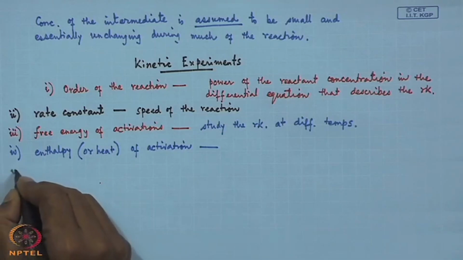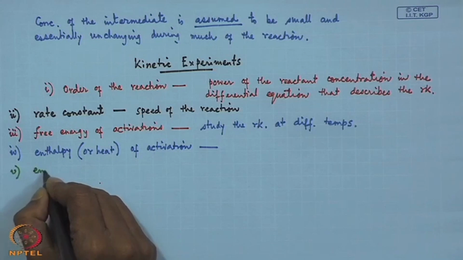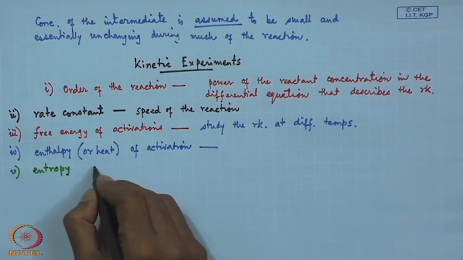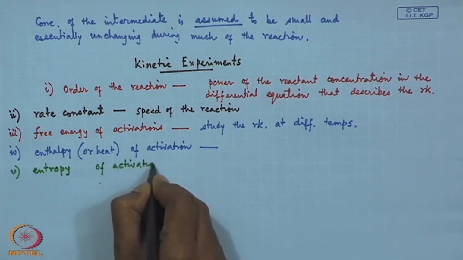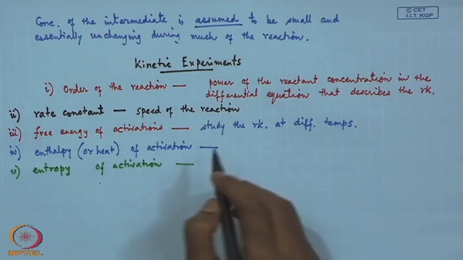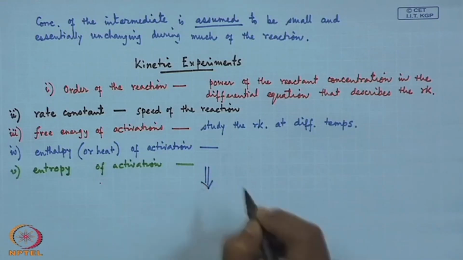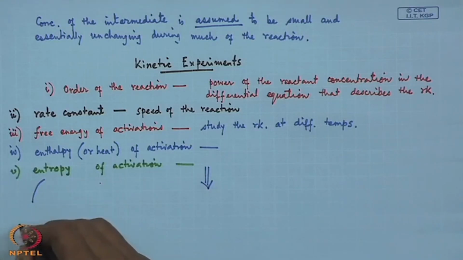And lastly, once we have this enthalpy, we can also determine the entropy of activation. So, if we determine all these together, then we can find out, because in some cases we have other dependencies also, that means the pressure dependence.